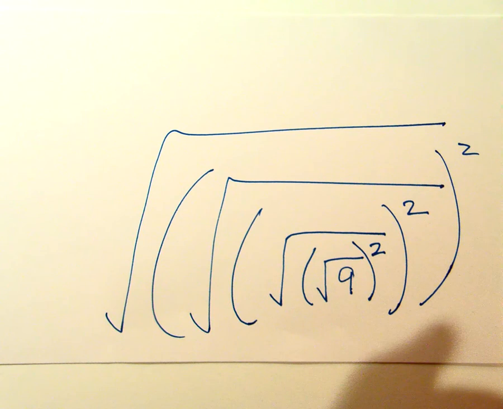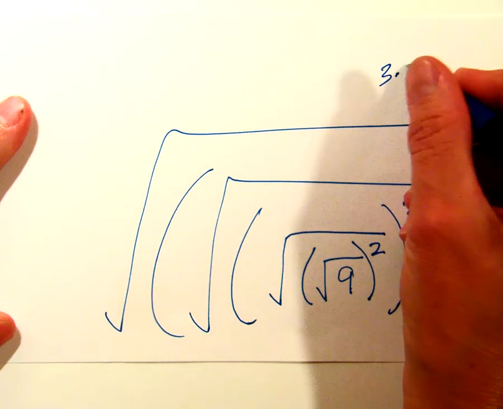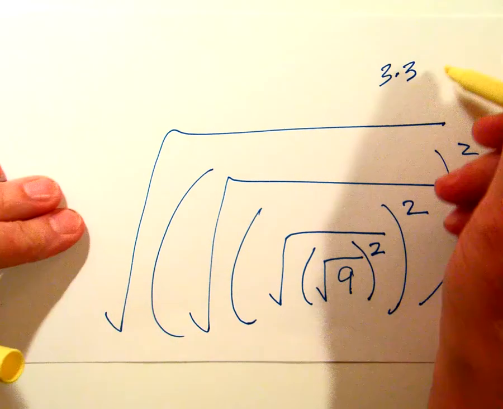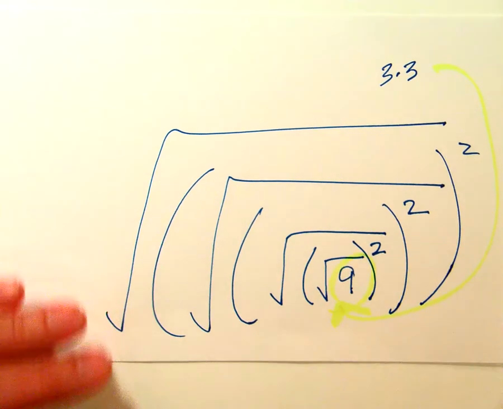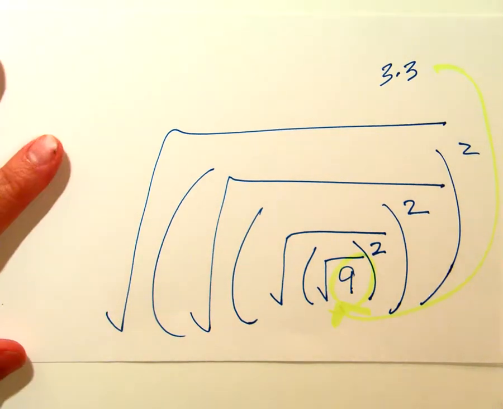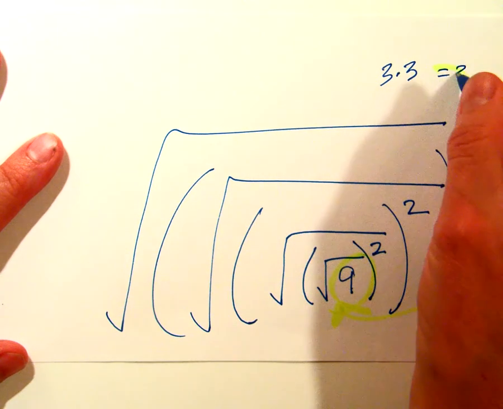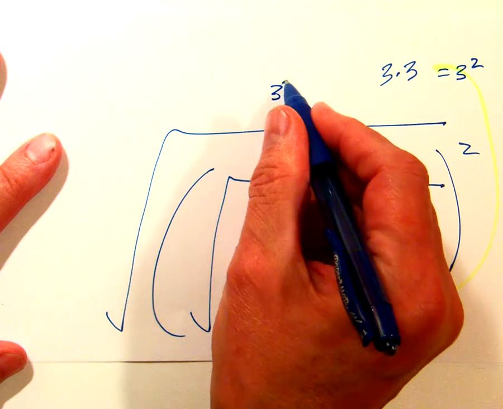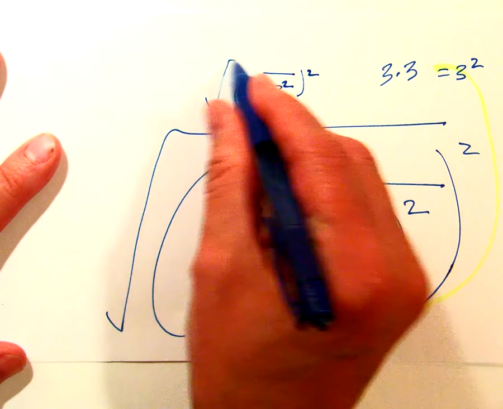Well, how does that work with other things? If we look at this, the original 9 was 3 times 3. It was already 3 squared. So what we did is we took 3 and we squared it and we unsquared it, and we squared it and we unsquared it.